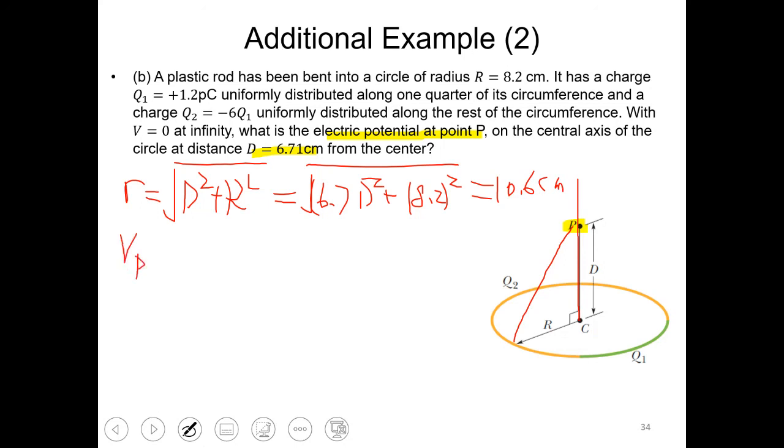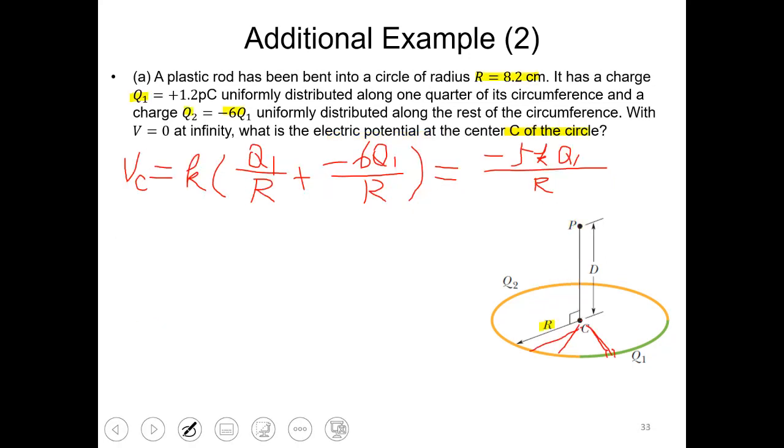And VP would be actually minus 5Q1 K over small r. Well, actually for the previous one I forgot to substitute the numbers.